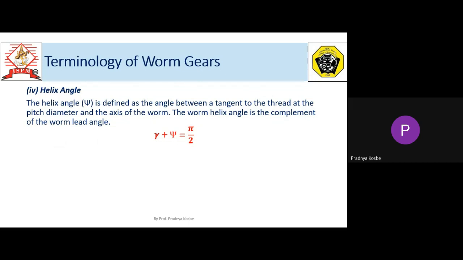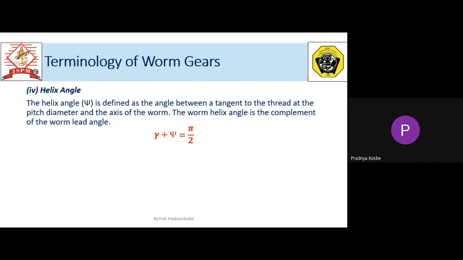So again, it is the angle between the tangent to the thread at the pitch circle diameter and the axis of the worm. The helix angle of the worm is the complement of the worm lead angle. So we can write gamma is the lead angle, psi is the helix angle. So gamma plus psi is equal to pi by 2.